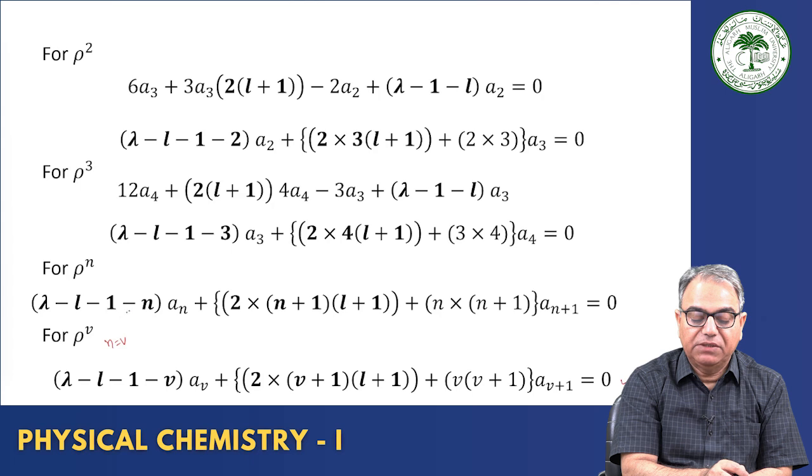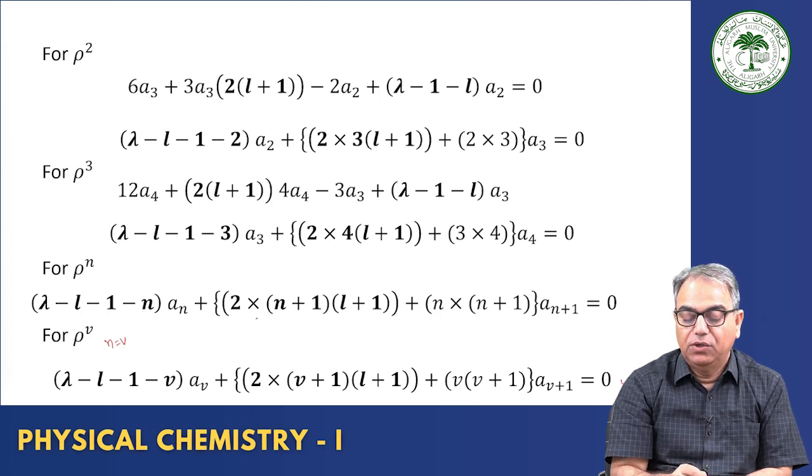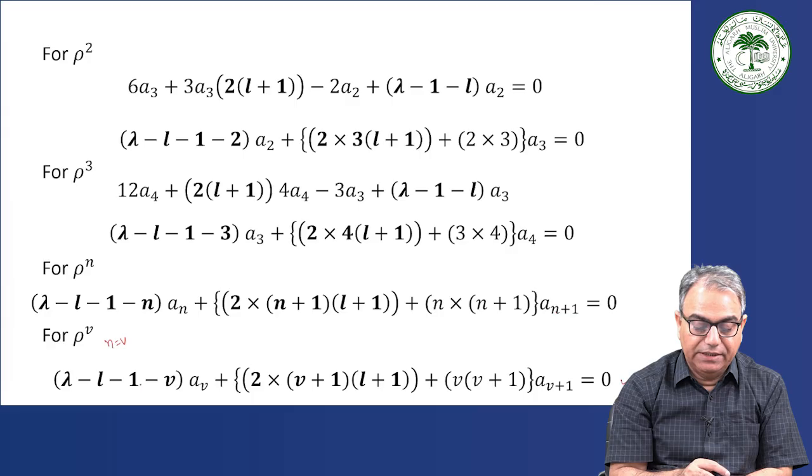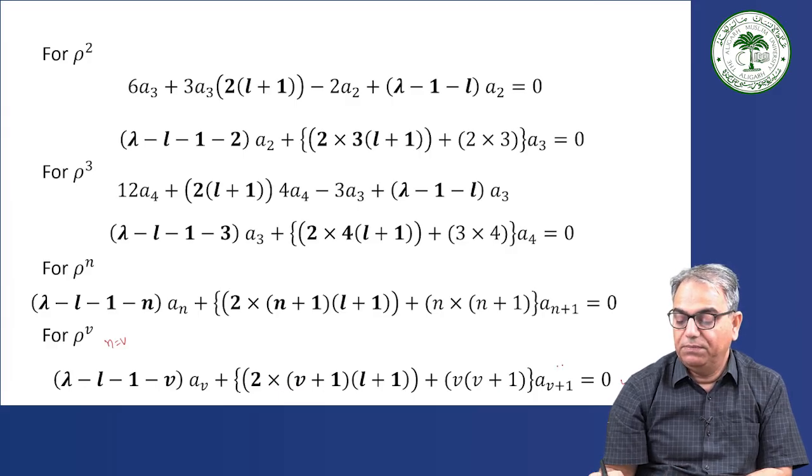Lambda minus L minus 1 minus n, an, 2 into n plus 1 into L plus 1, then n into n plus 1, a n plus 1 was the equation. So I have replaced this n with v, and now I am writing lambda minus L minus 1 minus v, av, then 2 into v plus 1, L plus 1, v into v plus 1, a v plus 1.